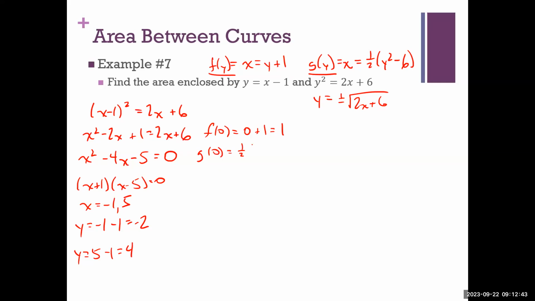That should be 1/2 0 squared minus 6. So -6. So I think I can say with certainty that f is the greater function on that interval, right? So knowing that, I can set up this integral from -2 to 4 of f minus g.